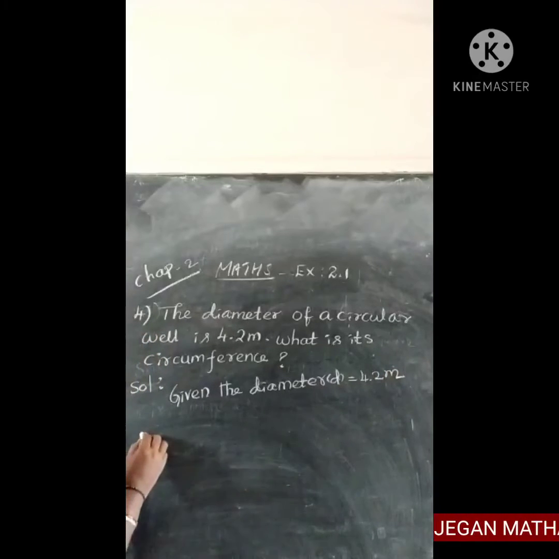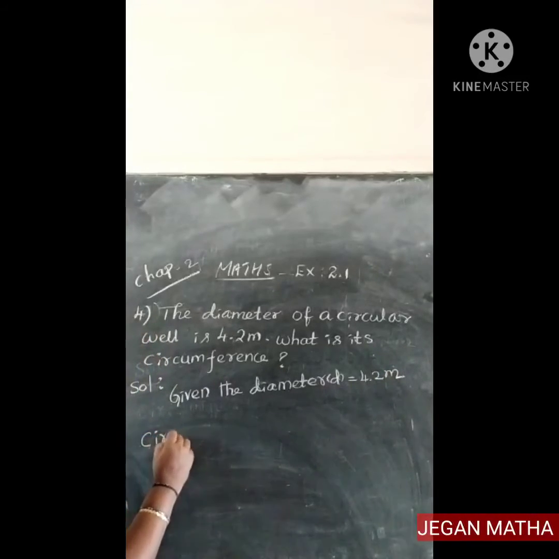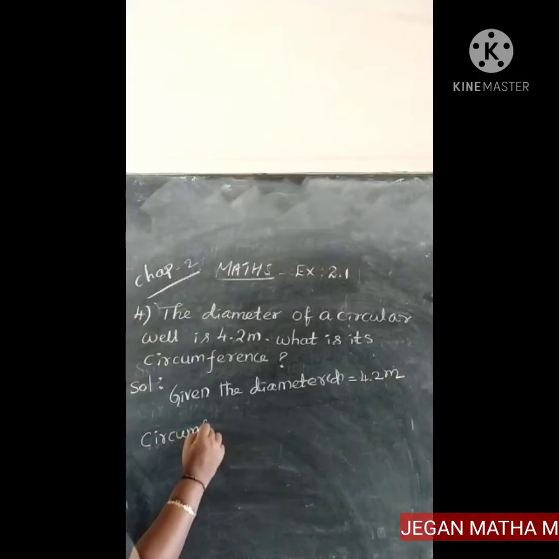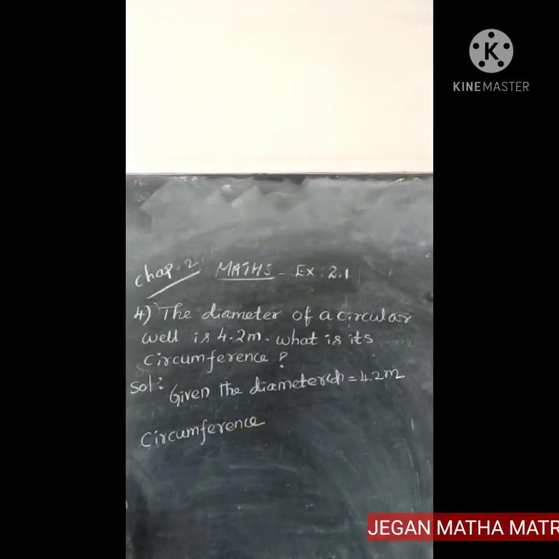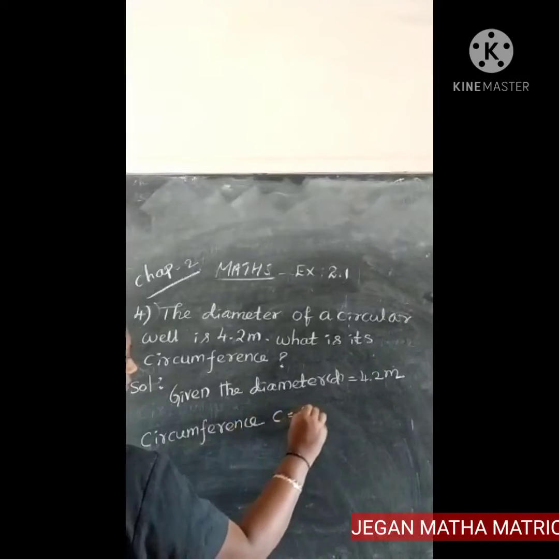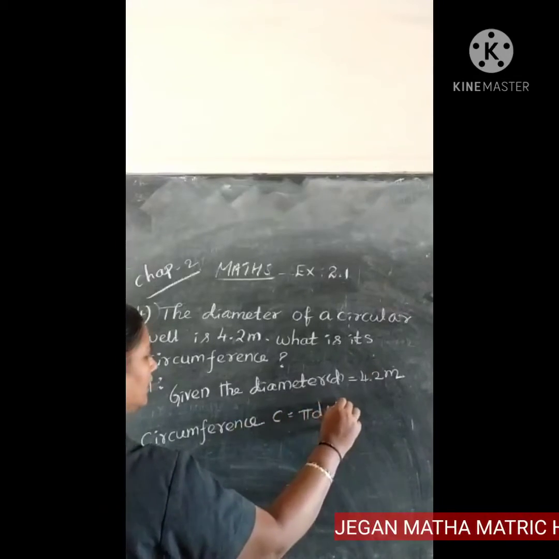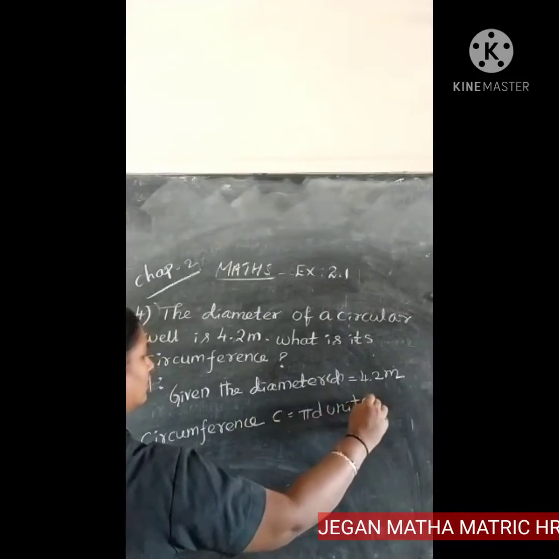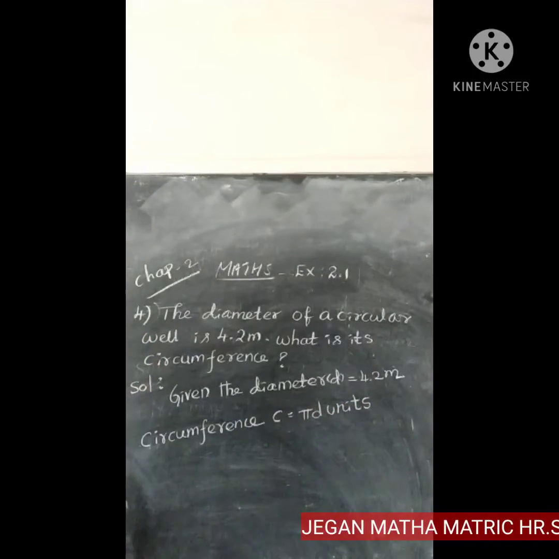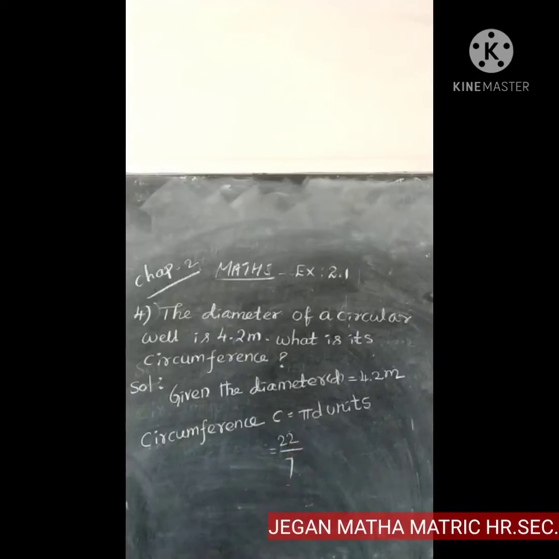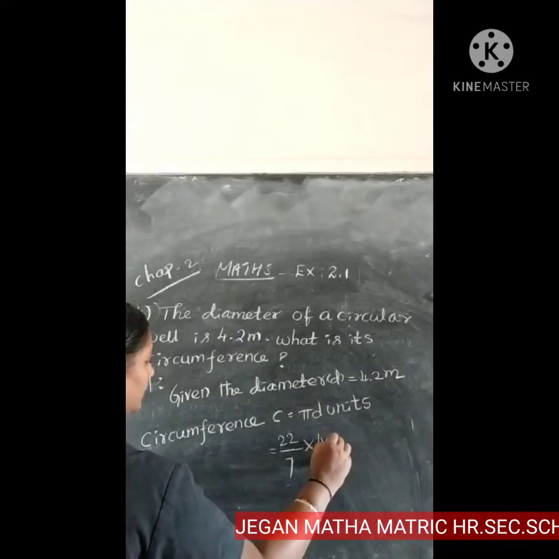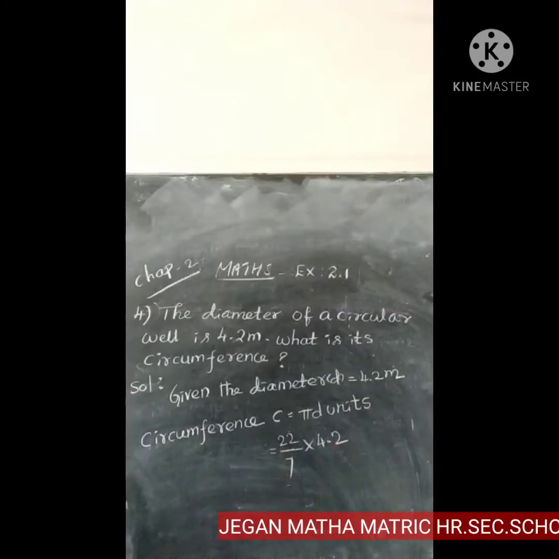Then circumference C is equal to pi into D units. So here the value of pi is equal to 22 divided by 7, then multiply with diameter 4.2 meter.